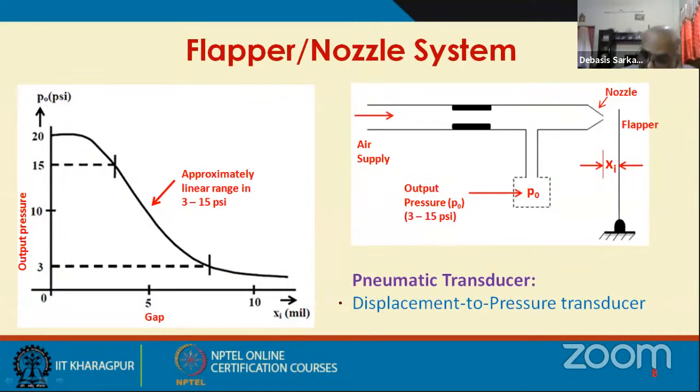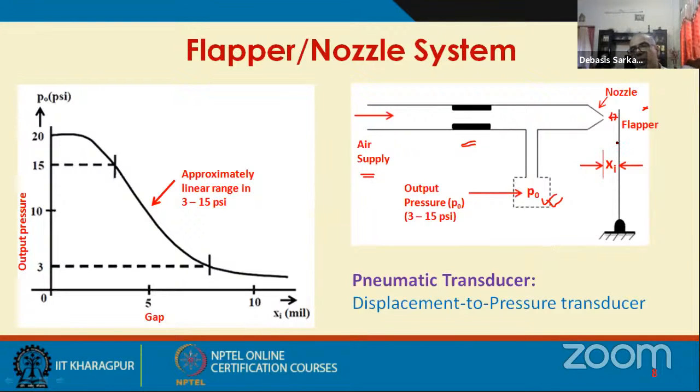Now, if I quickly recap, a flapper nozzle system consists of a fixed restriction and a variable restriction. Air supply, typically in the range of 20 psig, is supplied at this end, and depending on the gap between the nozzle tip and the flapper, a back pressure will be developed.